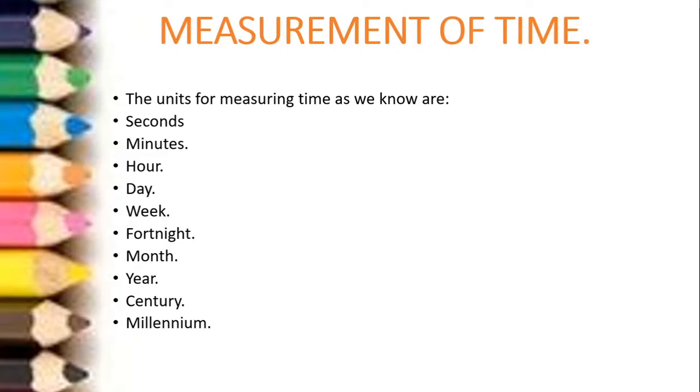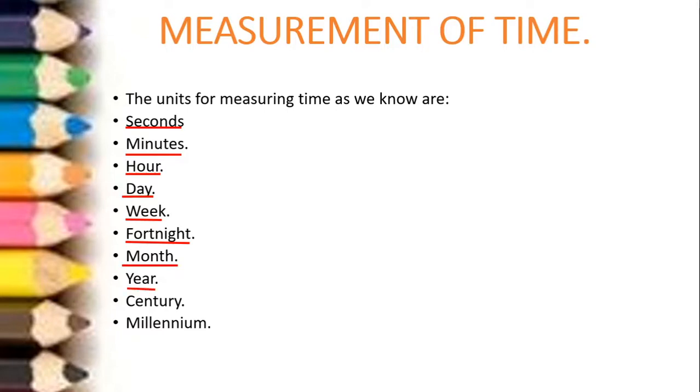So just now we talked about seconds up to year. Let's go a little bit further here, but we will still start talking with seconds. So you have seconds, minutes, hour, day, week, fortnight. 2 weeks together is 1 fortnight. Then you have month and you have year.